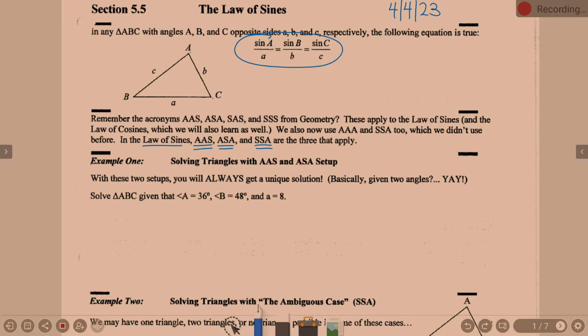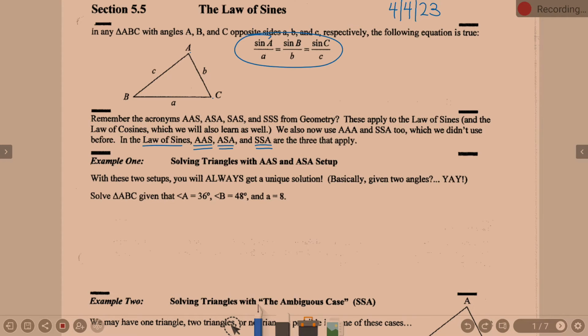If it's angle, side, angle, that would be angle, side in between, angle. Or side, side, angle would be side, followed by another side, followed by the angle after it. If you have those relationships, law of sines will work. Basically what it's going to come down to is you always have to have an angle and a side that are opposite each other, and then the law of sines will work.